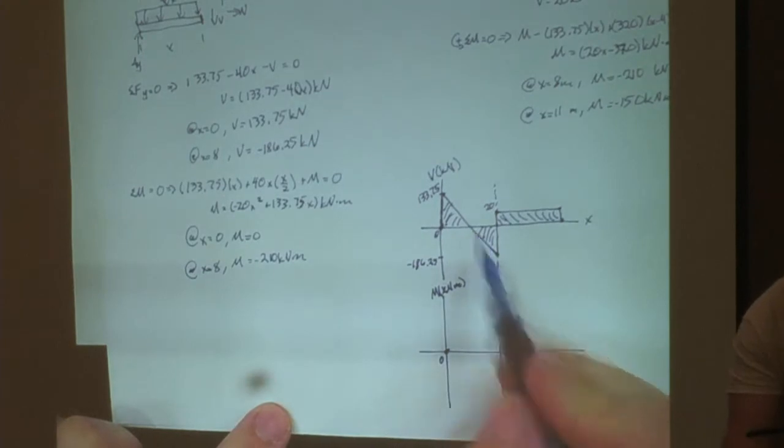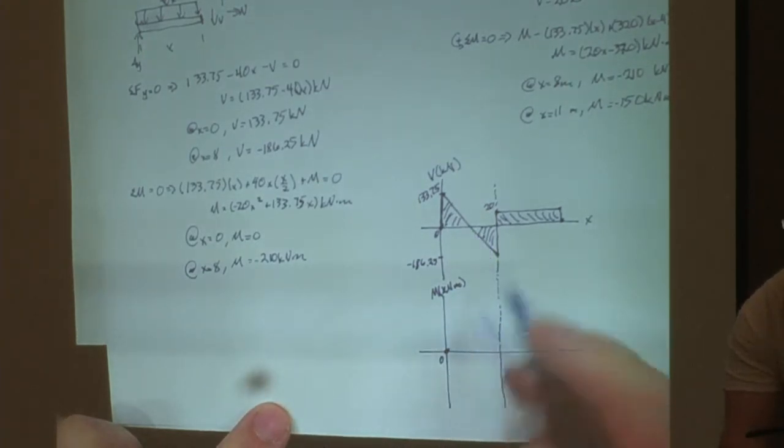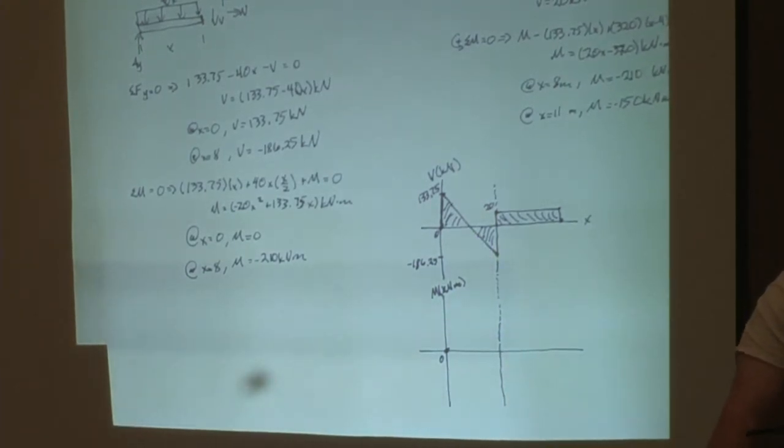How are you going to figure out where the peak is? Set it equal to 0. Which equation equal to 0? We're saying the shear equation equal to 0, right? Because what do we need to find at the shear equation? Yeah, we need the distance, right?